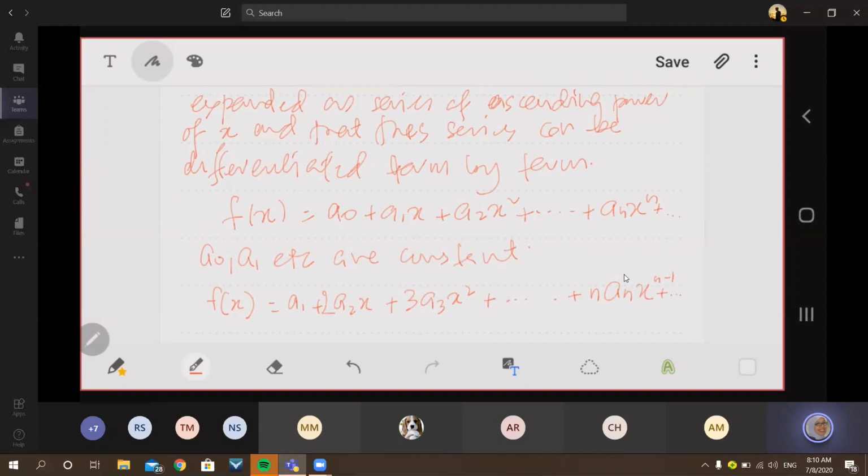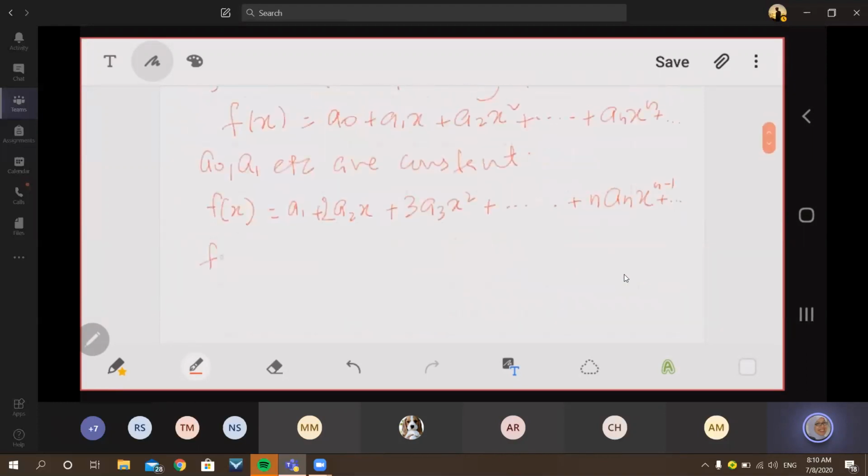Then we get f prime of 0 is equal to a1, f double prime of 0, we just replace x to be 0, so we get 2a2, and f triple prime of 0, we get 3a3 and so on.